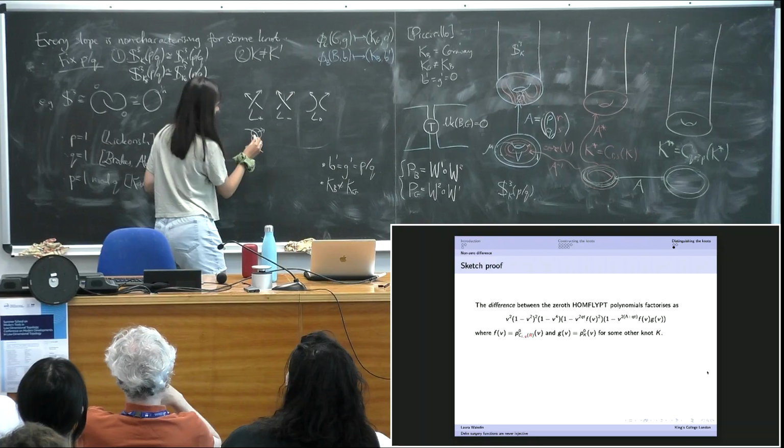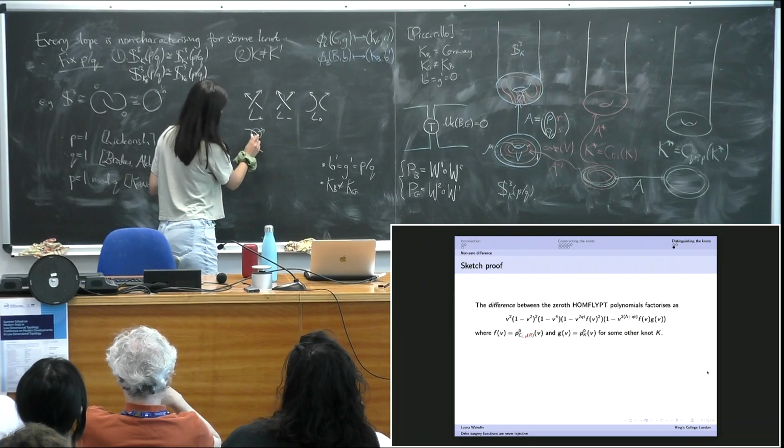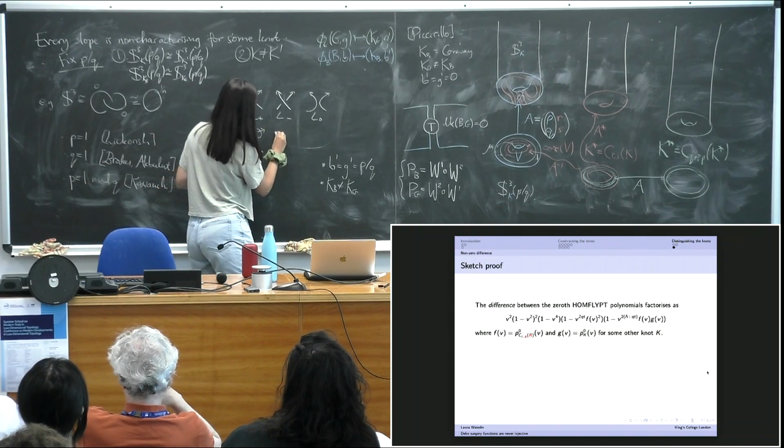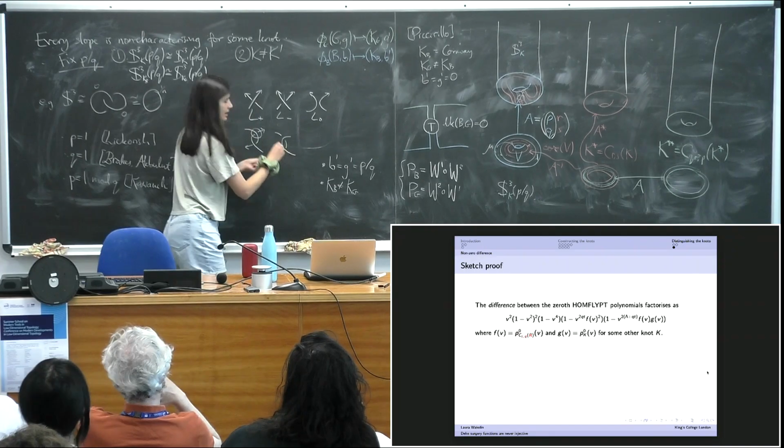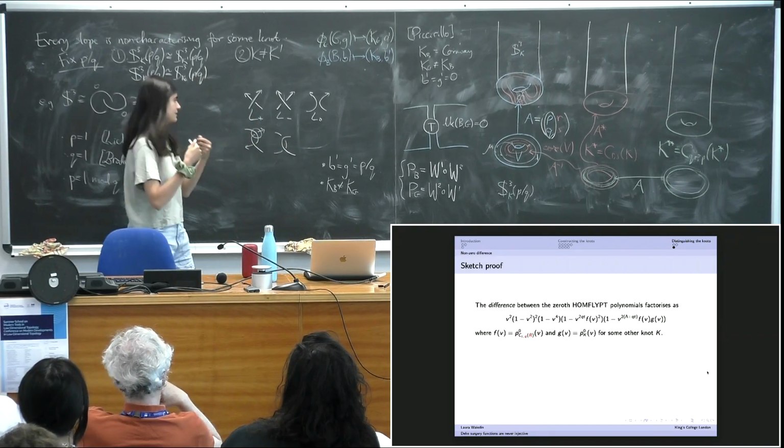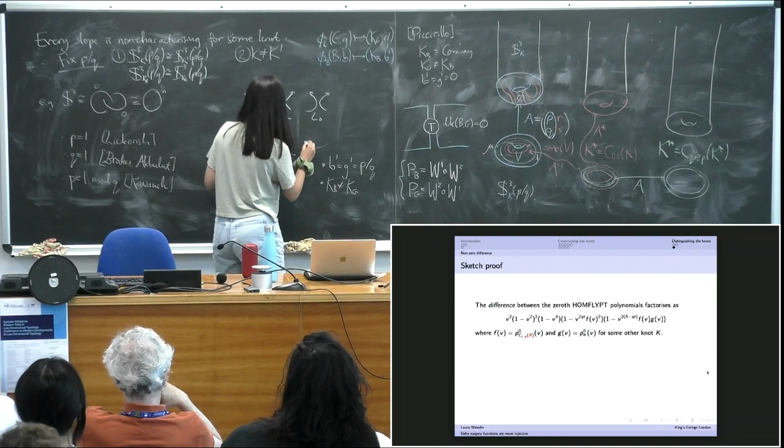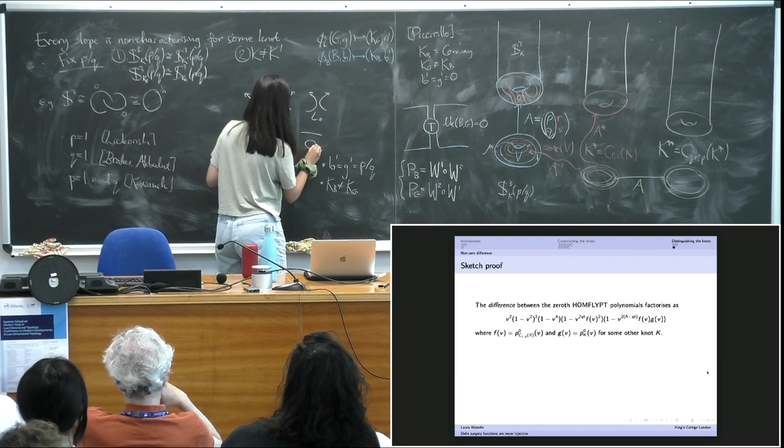So if we look at this crossing here, this is going to look like L plus, and then you can resolve it so L minus is going to look like this, and that's going to allow us to pull some things apart very easily, and L0 is going to look like this.